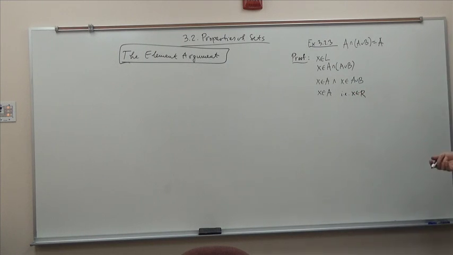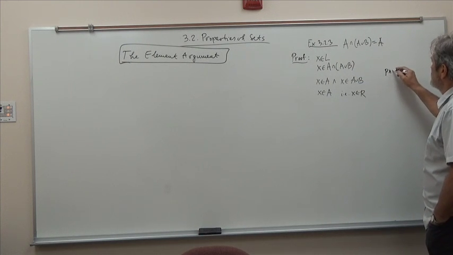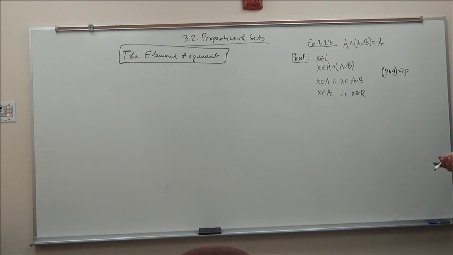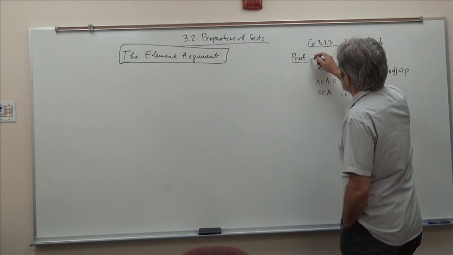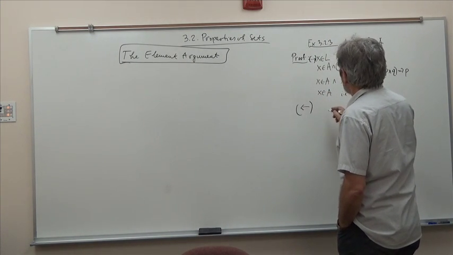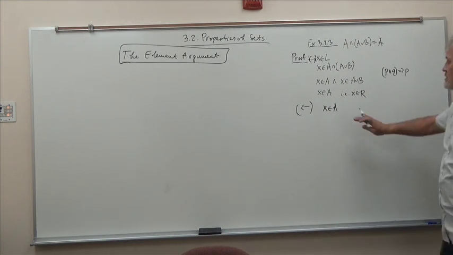Did I use some logic here? I used very obvious logic, but if I want to justify it, what would it be? P and Q implies P. If I have both of them, then I have each of them individually. So that's one direction. What would be the other direction? Assume that x belongs to A. So x belongs to the right side.